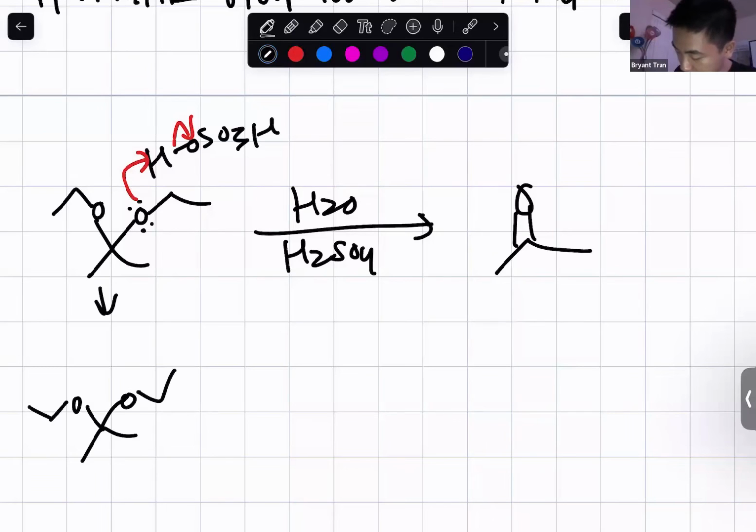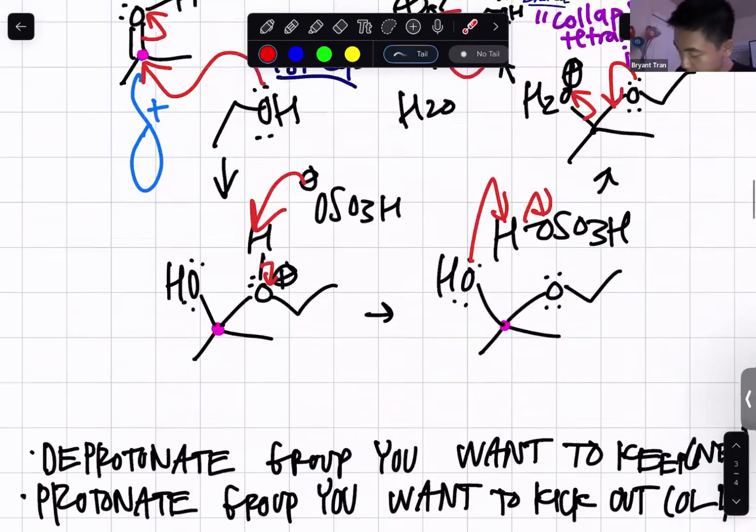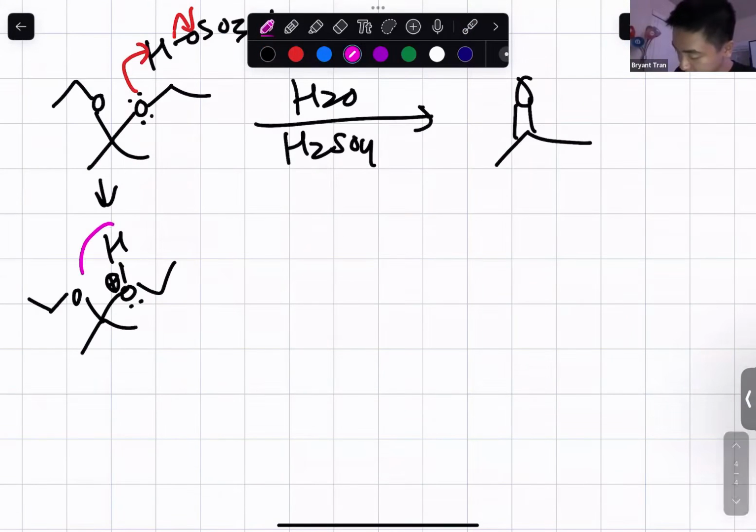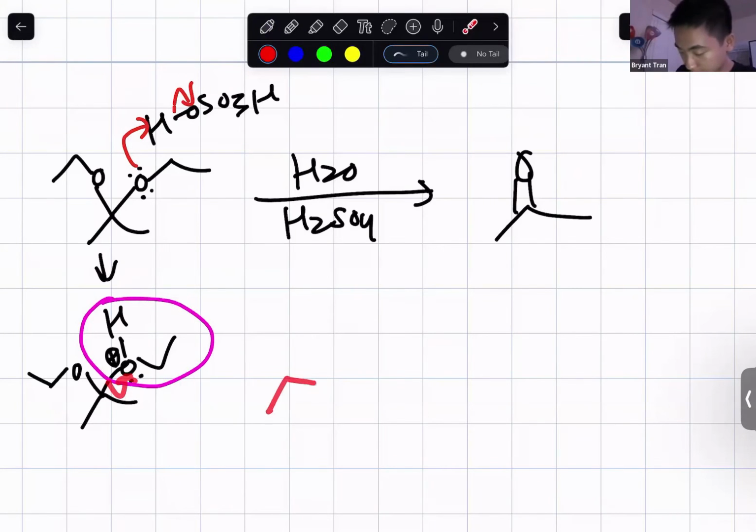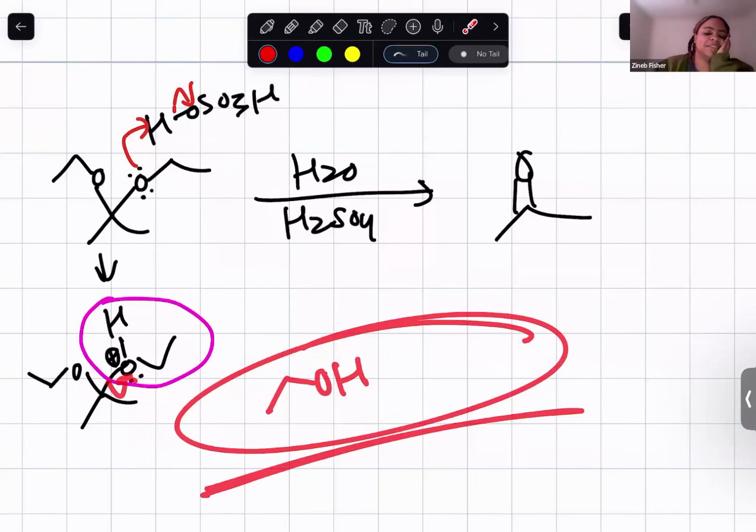We just created this over here, where what charge would this oxygen have here that just got protonated? Positive charge. Now, overall, is this structure a good or bad leaving group? Bad leaving group. So if this group leaves right here, what's +1 -1? Neutral, so it's a good leaving group.